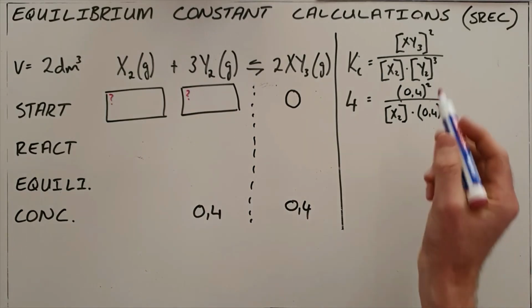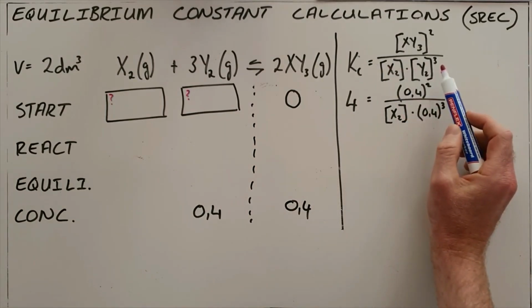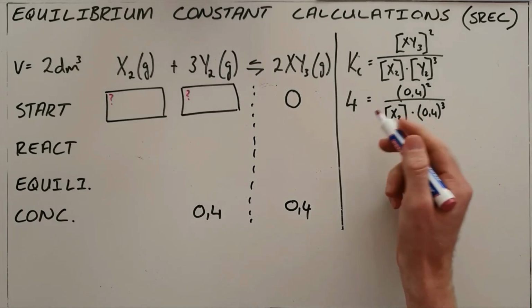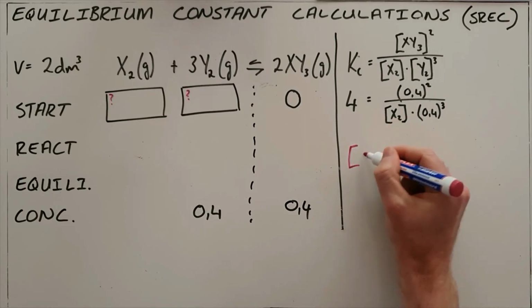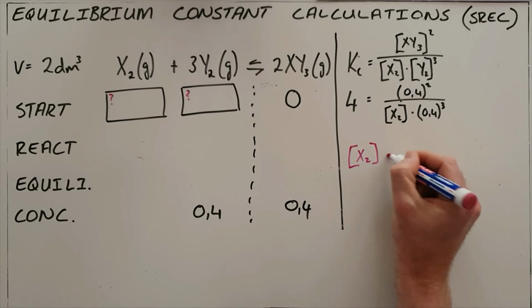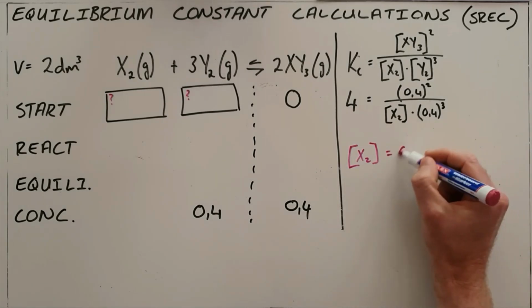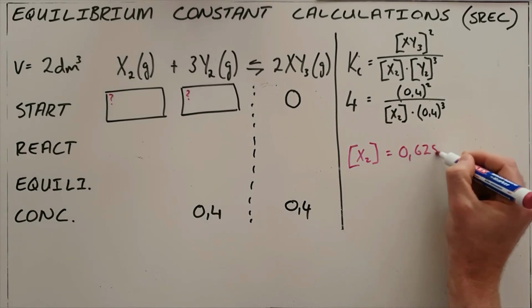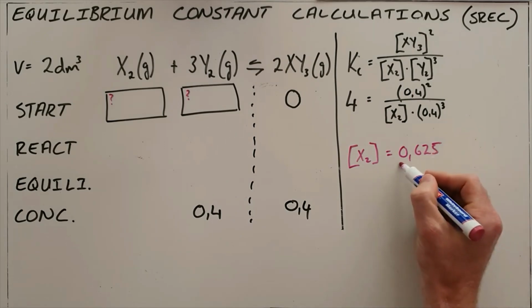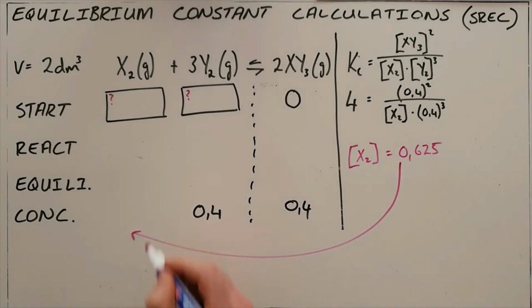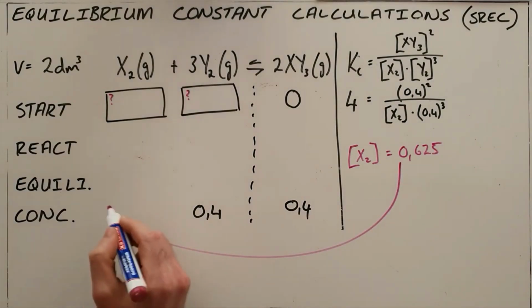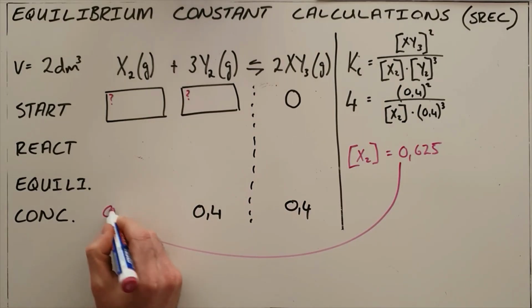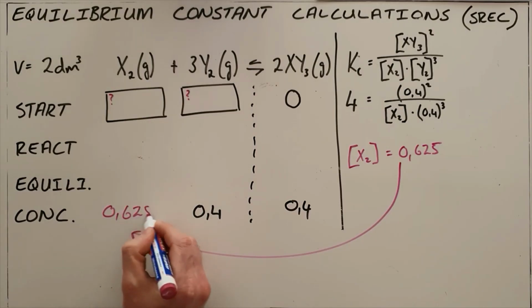We start doing that by using our equilibrium constant formula to find that the concentration at equilibrium of X2 is 0.625. We can then substitute that value directly into the concentration in our table, 0.625.